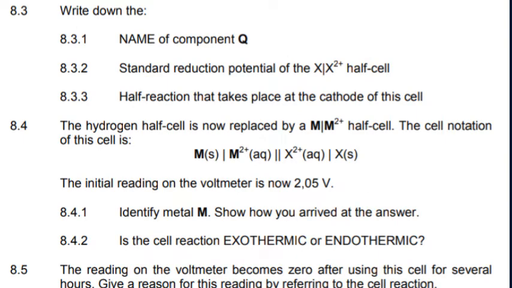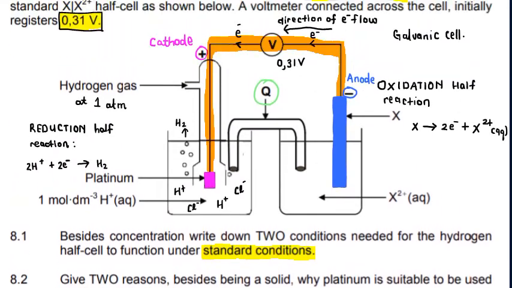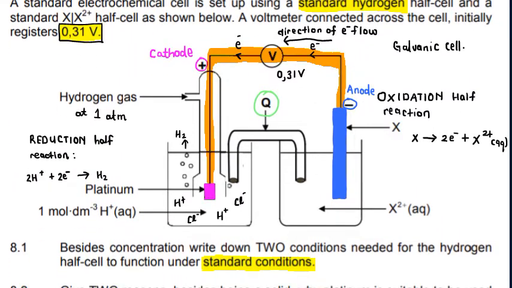Question 8.3.2 says write down the standard reduction potential of this unknown half cell. Okay, so if we just go back up, we already identified that this unknown half cell is undergoing oxidation, right? So it is basically the standard reduction potential of our anode, okay?